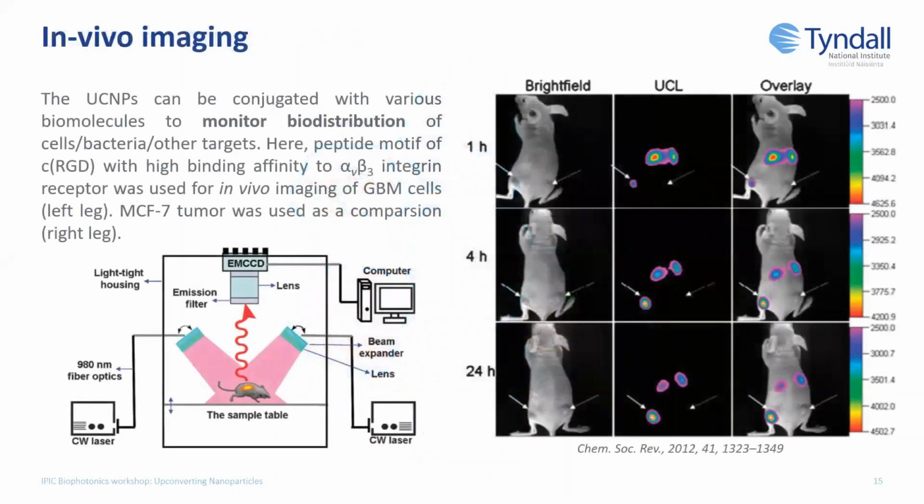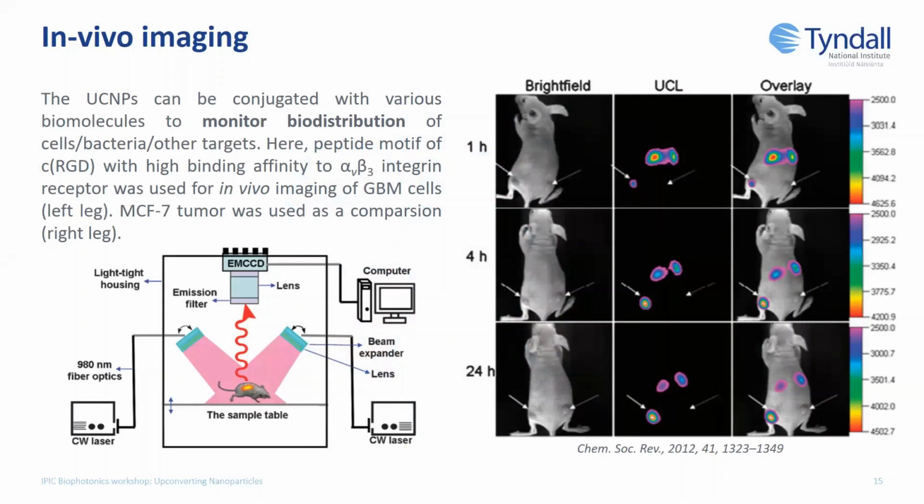First of all, we would like to use upconverting nanoparticles for deep tissue in vivo imaging. In this particular case, you can see how the upconverting nanoparticles were modified and functionalized to attach selectively to certain brain tumor cells.